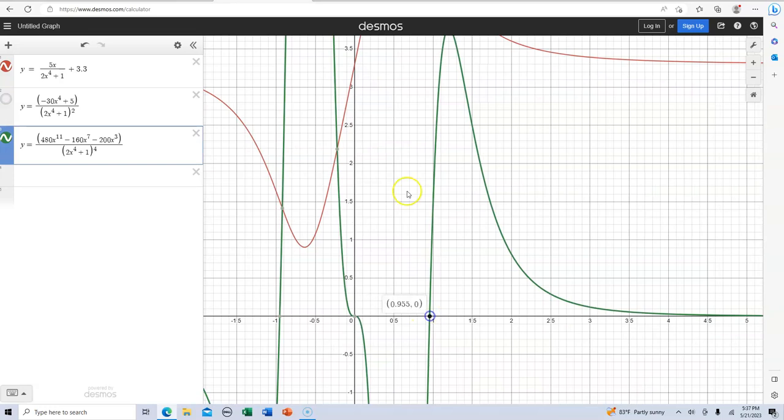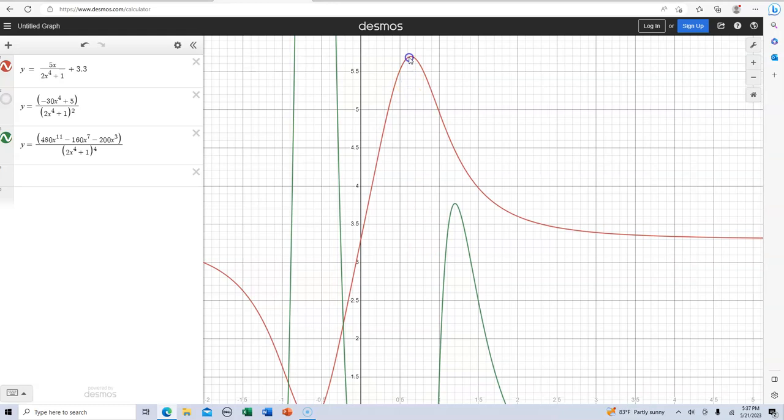If I curve trace here, at 0.955, right about here, it looks to me like the function reaches a maximum at about, like I said, 0.64 hours. Then we get this gradual decrease in the number of clubs that are being sold.